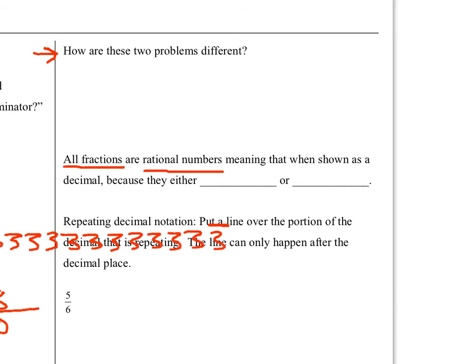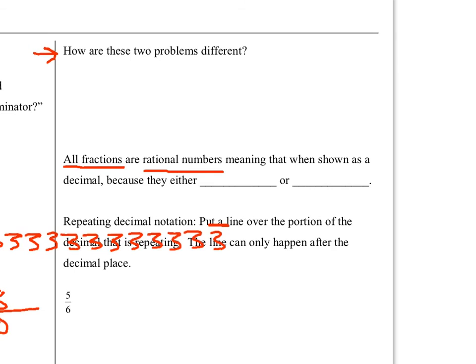That means that when we're talking about a fraction and we want to change it to a decimal, there is no point in time when you are ever going to run into a fraction that doesn't either repeat or terminate. You may have to go out to 3, 4, 5, 6, 7 or more decimal places to figure out where it repeats or where it terminates, but it will eventually.